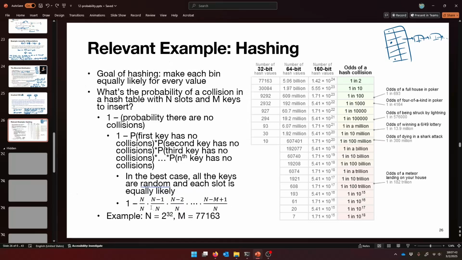So for example, if n is 2 to the 32, you have that many slots to fill, 32-bit hash values, and you want to insert this many things, 77,000 things. Even though you have 4 billion places, 4 billion slots, that's what 2 to the 32 is, right?